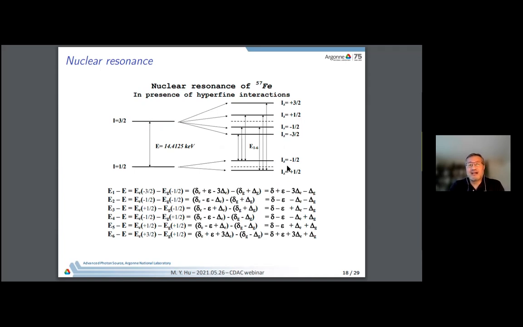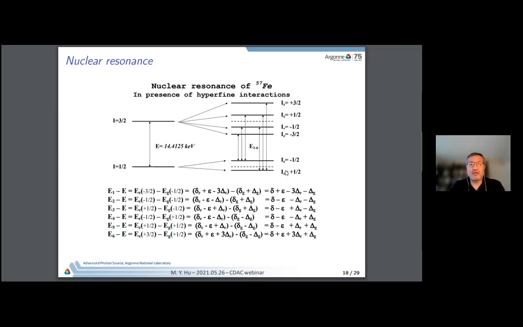This is putting everything together. You have the isomer shift, then the epsilon quadrupole splitting, and also the magnetic term. So these are all the levels, and all these terms and splittings are talked about in the energy domain.